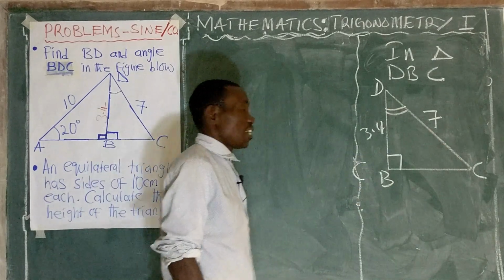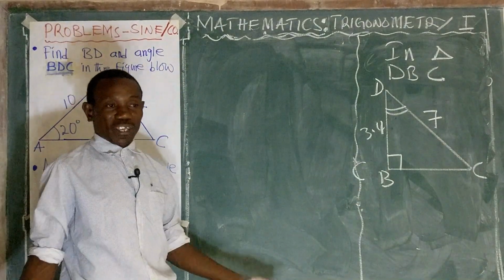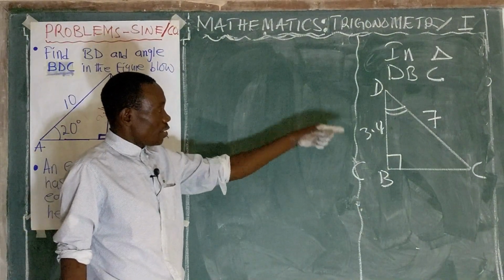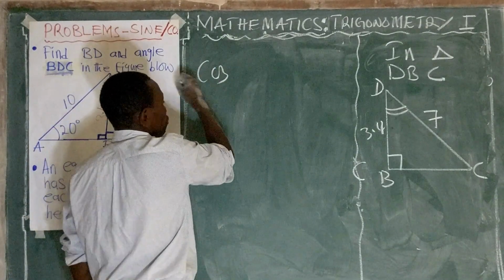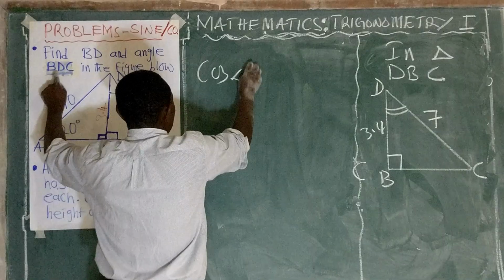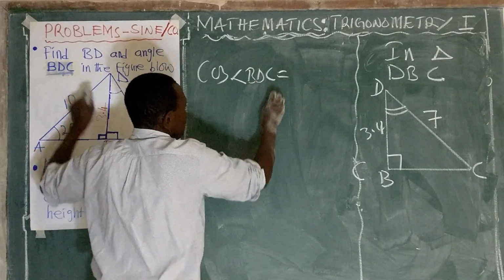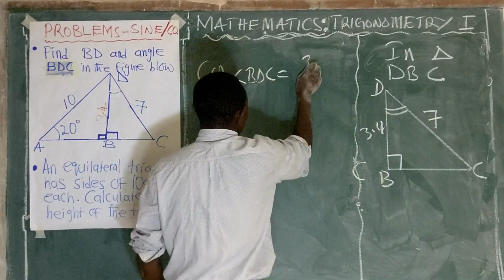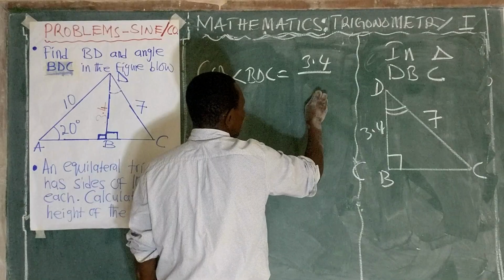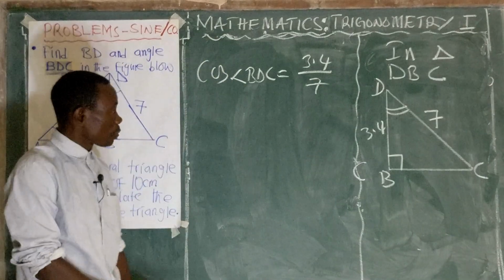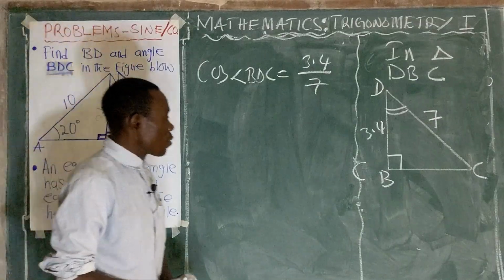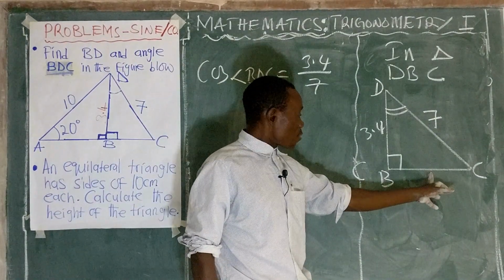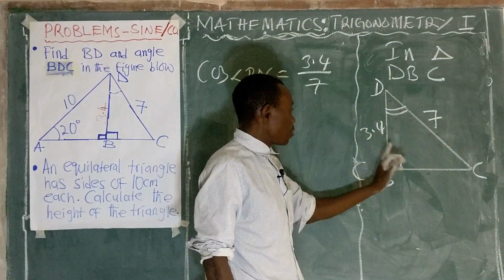So we still go for the cosine, adjacent over hypotenuse. So I'll write cos of angle BDC is equal to adjacent side 3.4 over hypotenuse side 7. I can choose tan here, or sine, unless I want the side, then I have to work out the other part. You can do that by Pythagoras theorem.